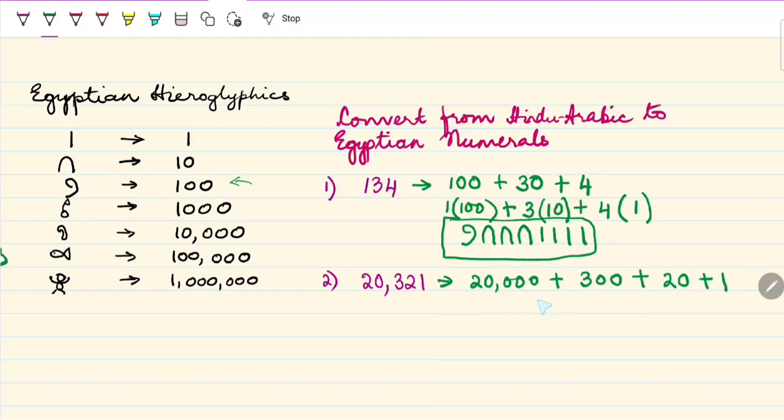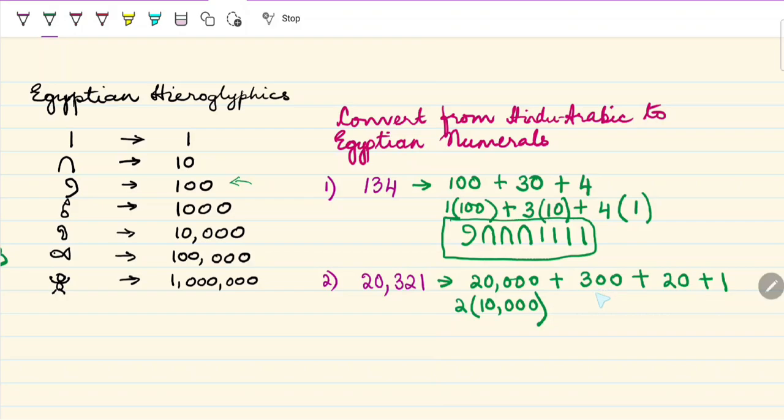And now we are going to rewrite this in the form of multiplication in terms of the values of the Egyptian numerals. So 20,000 means 2 times 10,000, correct? I extracted the 10,000 from the 20,000 and wrote it as 2 times 10,000.